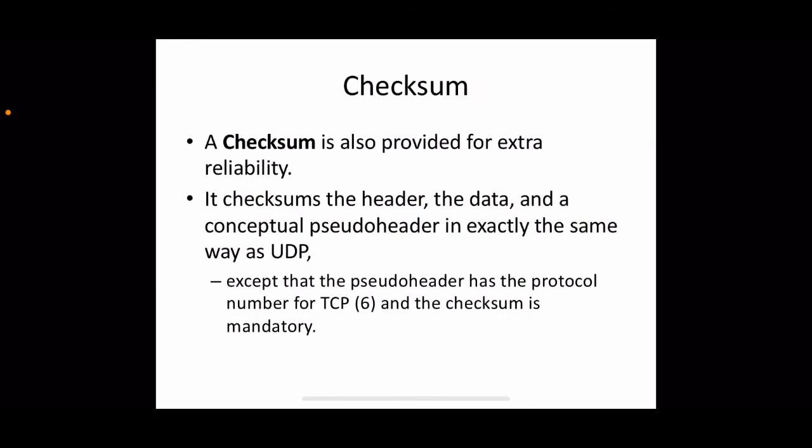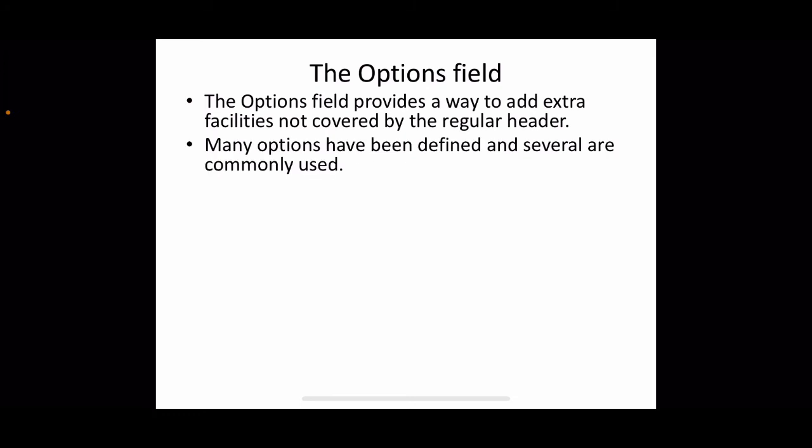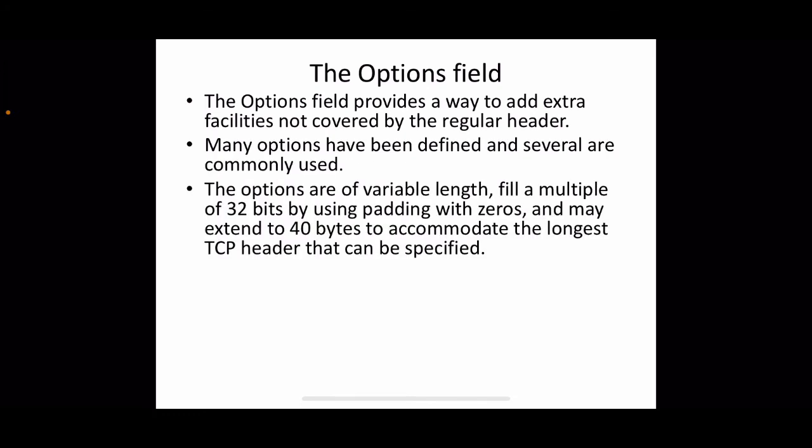And the next one is the options field. So far we have discussed different fields which are part of the fixed header part. Now the next is the variable length options field. Many options are there, and most of them are commonly used. The options are of variable length, filled up to a multiple of 32 bits by padding with zeros.